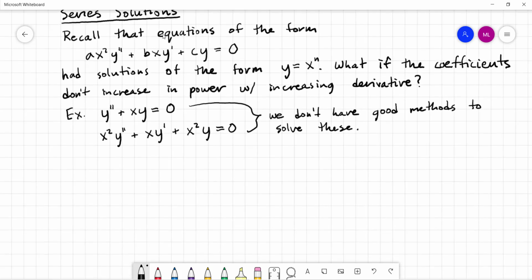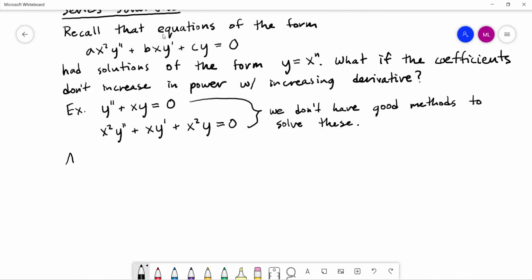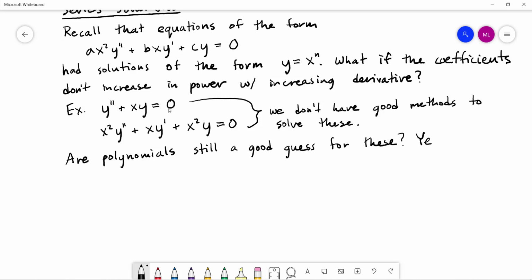So it turns out, are polynomials still a good guess for the solutions? Right, so we guessed a polynomial x to the n for this equation. Are polynomials still a good guess here? And the answer is yes-ish.